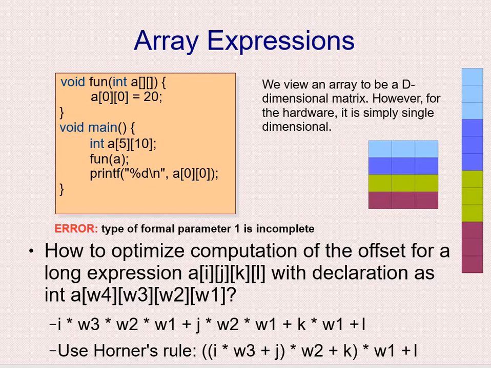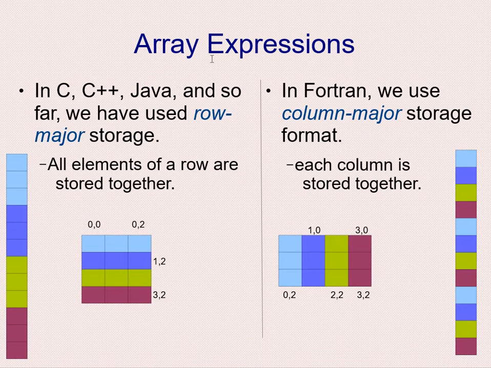For array expressions in C, C++, Java and other languages, we generally use row-major storage. The first row elements are stored first, after that the second, third, fourth rows, and so on.